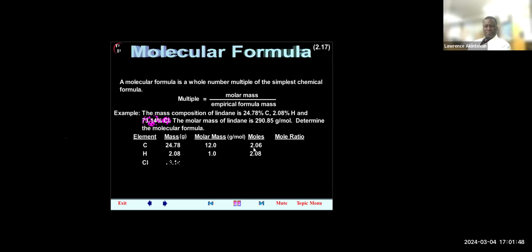Element Cl, mass 73.14, molar mass 35.5, moles 73.14 divided by 35.5 is equal to 2.06. Select the smallest number of moles.